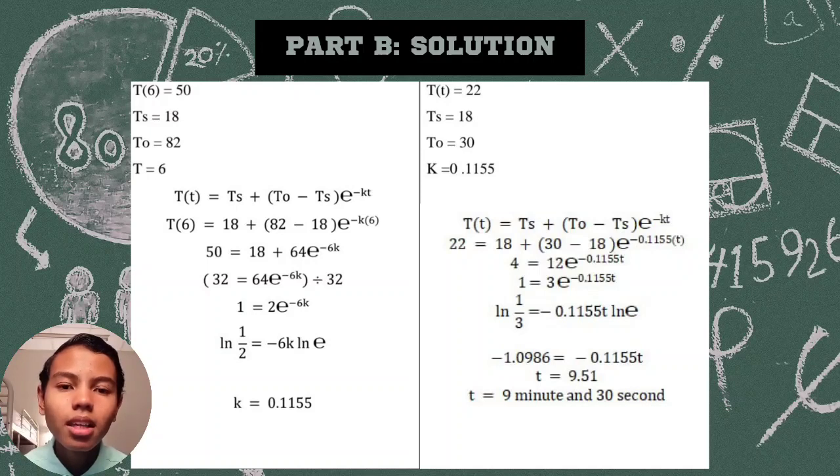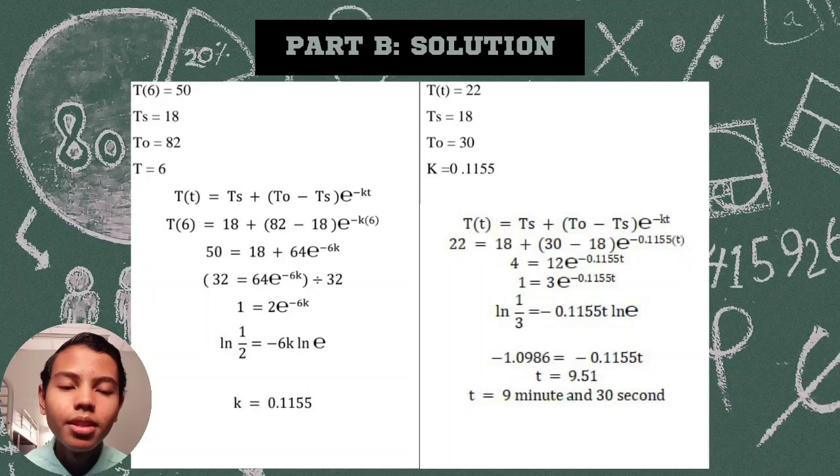Next, from the question given, we need to take out all the information. T(t), the temperature at the time of 6 minutes, is 50 degrees Celsius. The surrounding temperature is 18 degrees Celsius. The initial temperature is 82 degrees Celsius, and the time taken is 6 minutes. We replace this information in Newton's law of cooling formula.